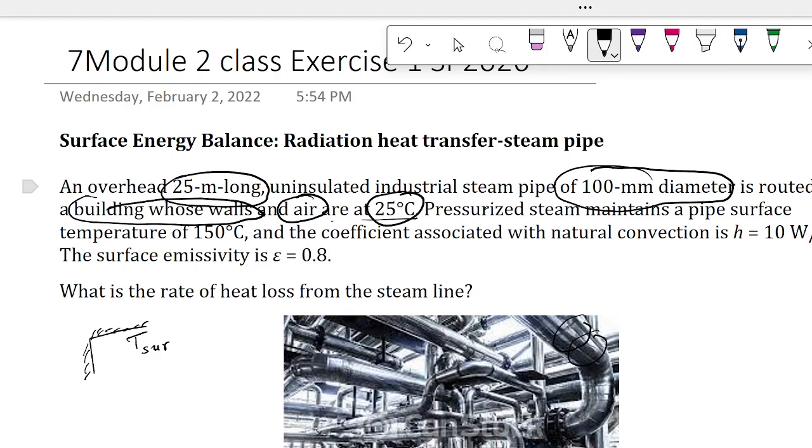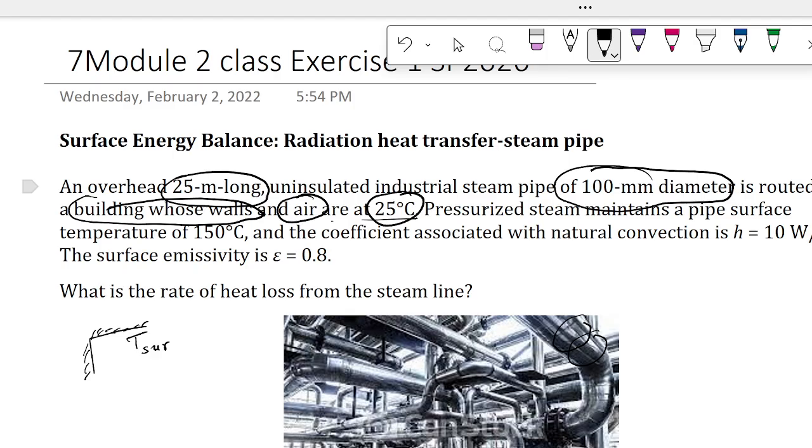Don't ignore the radiation. Why am I saying that? Most of the time, when you're doing problems in heat transfer class, you say in the assumptions, neglect radiation. But if you have epsilon given somewhere in the question and you neglect radiation, you're going to lose points because you have to include the radiation in the problem. Any question on that?